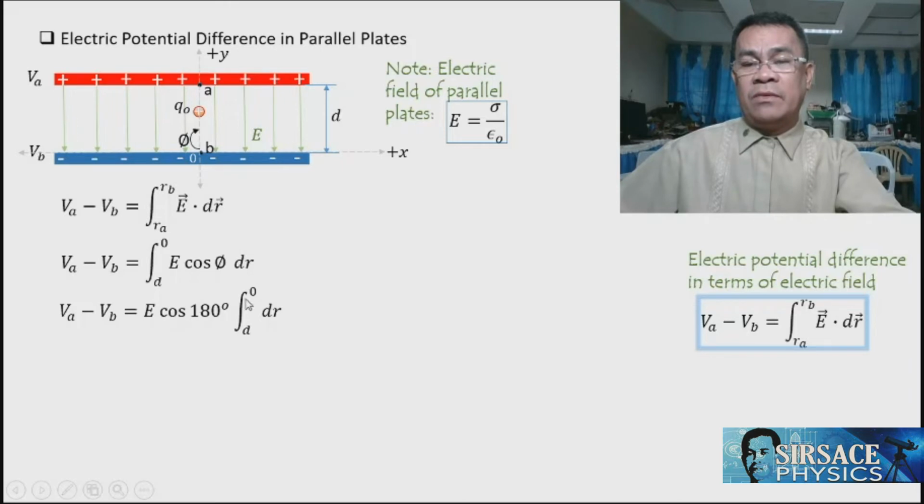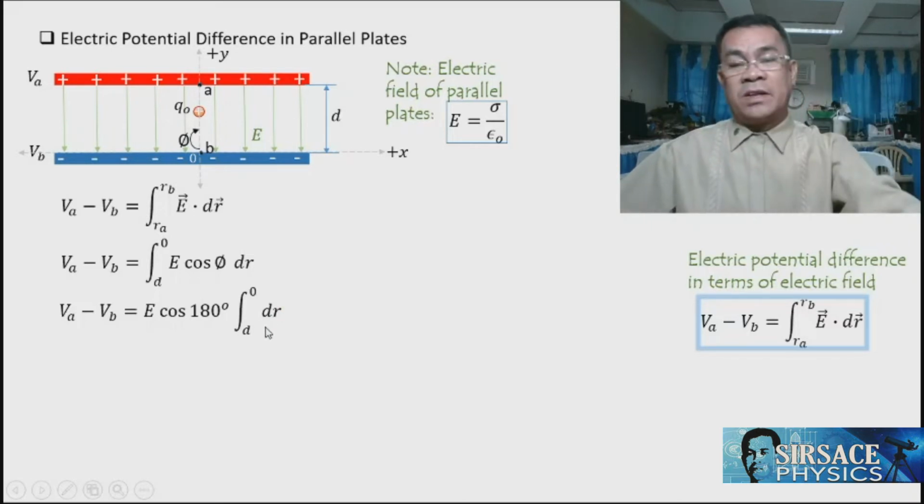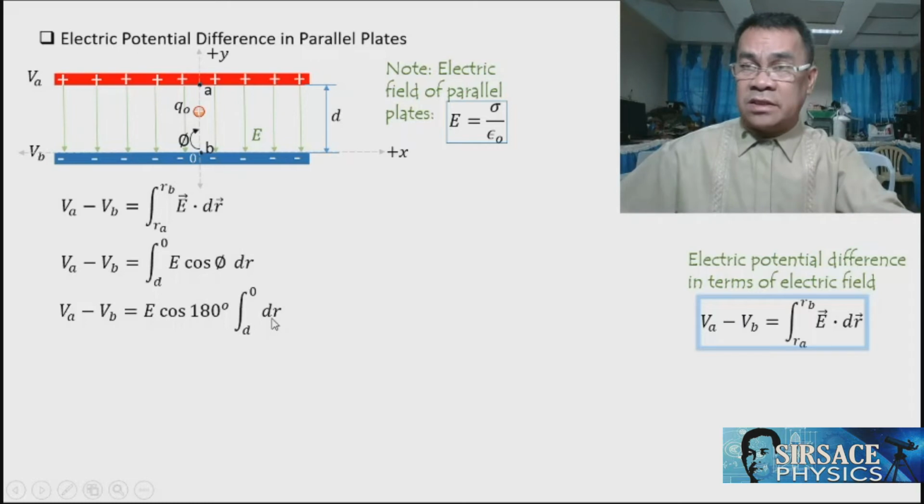Then we have only the integral from d to 0 of the infinitesimal displacement dr. So the integral of dr is r. Then take the limit from d to 0, or from ra to rb. So evaluate the limit. Take note, this is negative because cosine of 180 is negative.